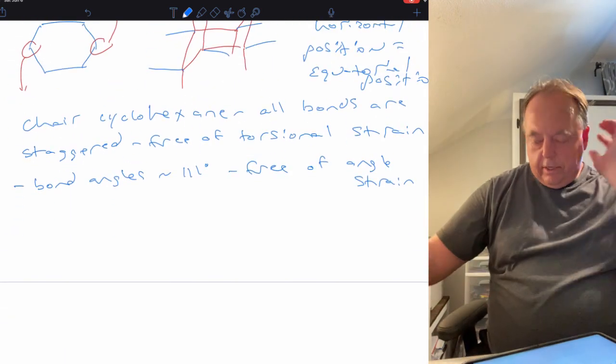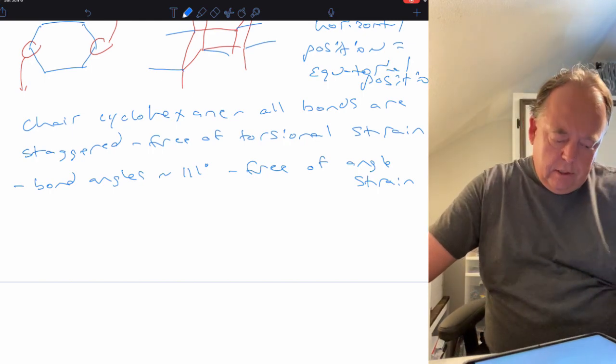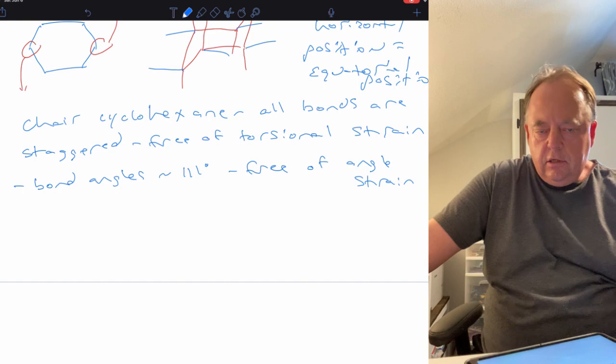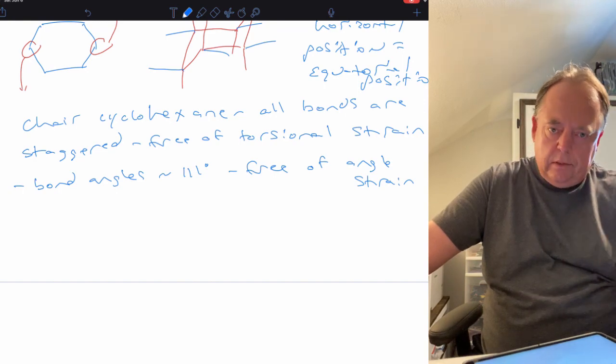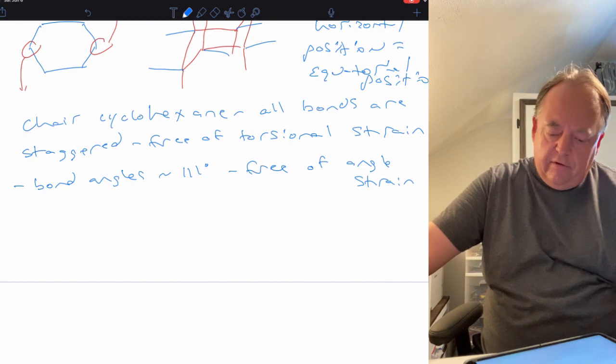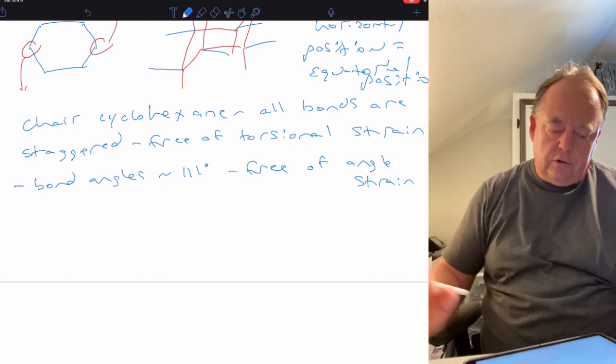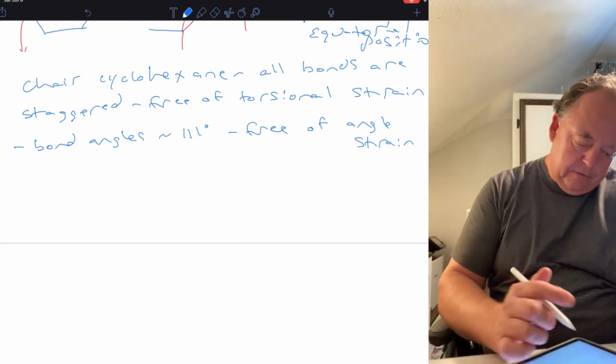Okay, so in the cyclohexane chair conformation, all bonds are staggered, so it's free of torsional strain, and the bond angles are about 111 degrees, which is almost the 109.5 degrees of a perfect tetrahedral carbon. So it's free of angle strain. So in general, cyclohexanes are very stable ring structures, and they're very common in organic chemistry.